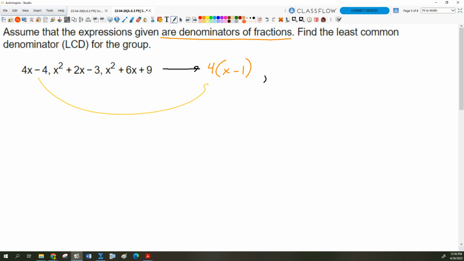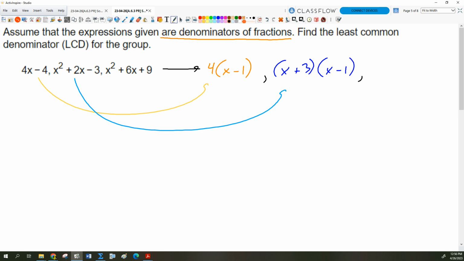Okay, what about my next denominator? That guy. X squared plus 2x minus 3. How does that factor? So what did you say, plus 3 and minus 1? Okay.